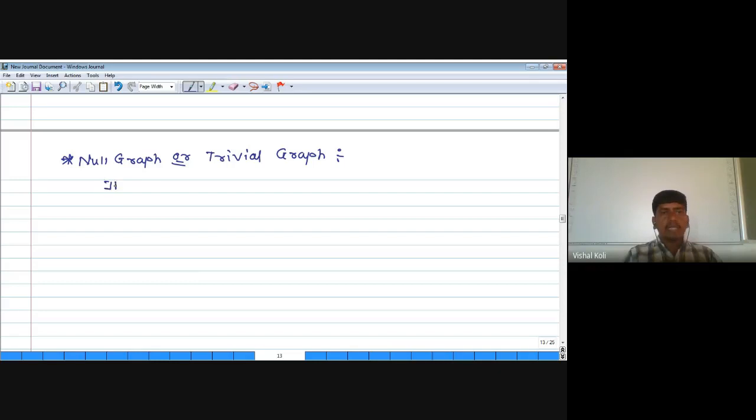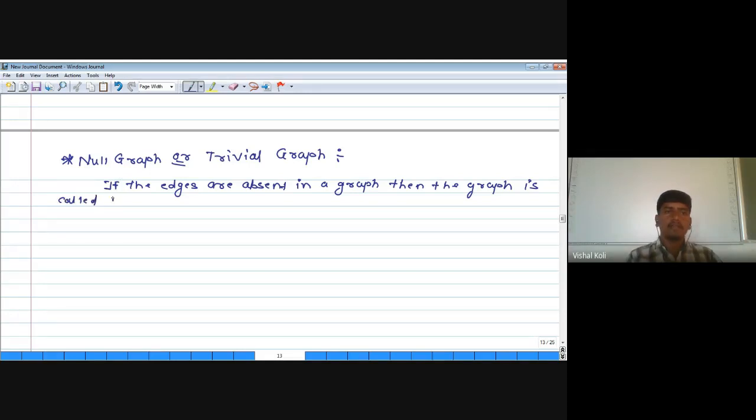If the edges are absent in a graph, then the graph is called a null graph or trivial graph.